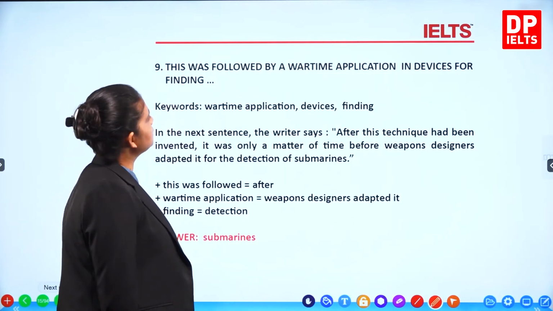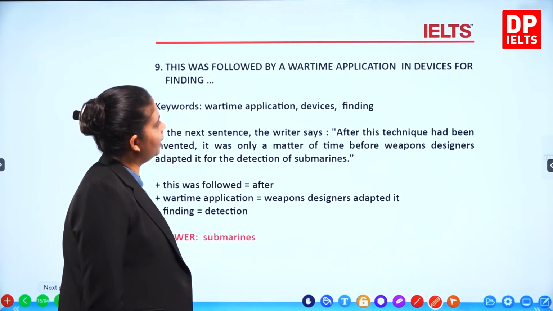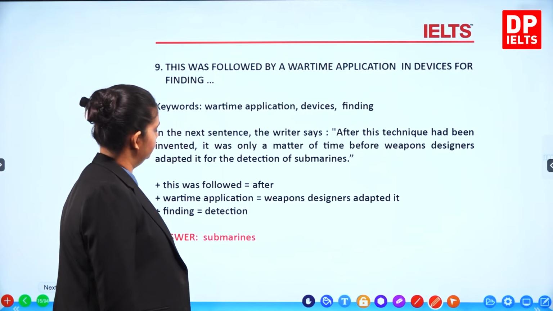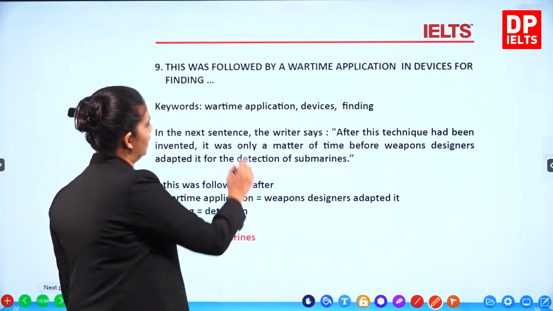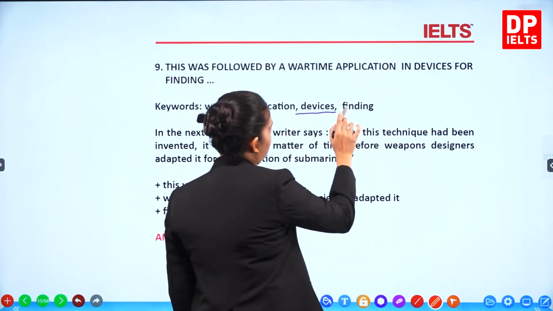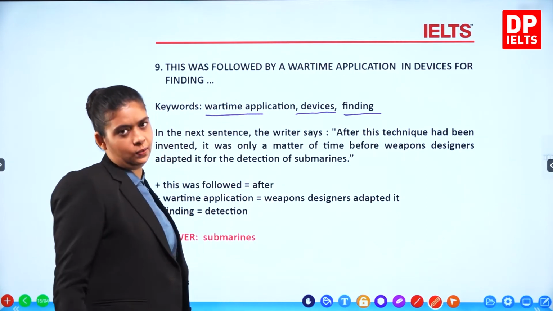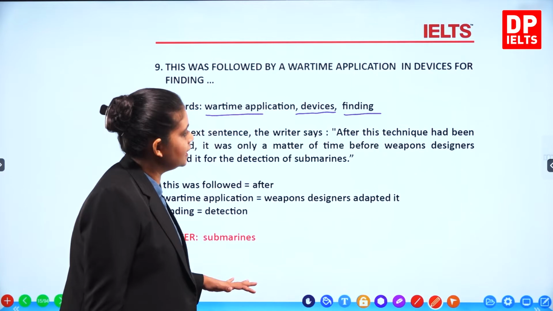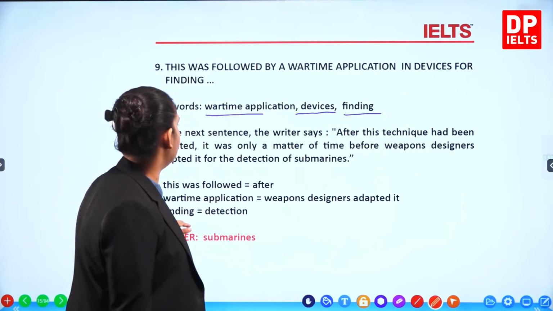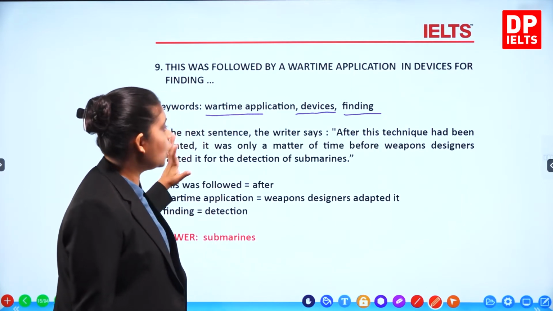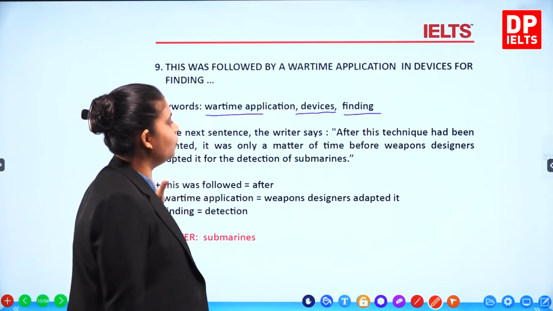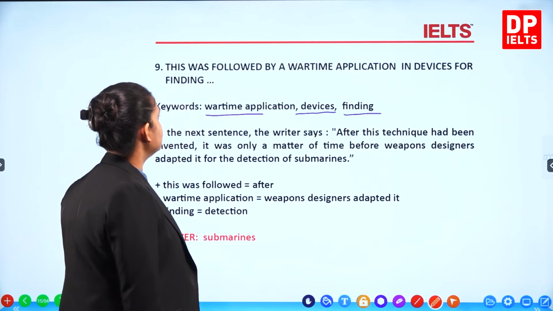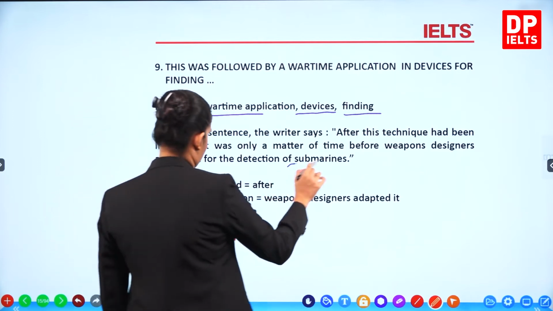Right. This was followed by a wartime application in devices for finding what? So, wartime application, devices, finding are your keywords, right? In the next sentence, the writer says, after this technique had been invented, it was only a matter of time before weapons design adapted it for the detection of submarines, right?